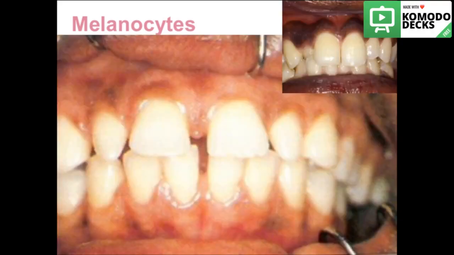A clinical picture of what can be called a racial pigmentation of the oral mucosa, mostly in dark-skinned individuals. It can be seen on the gingiva as well as on the buccal mucosa, the hard palate, and the tongue.